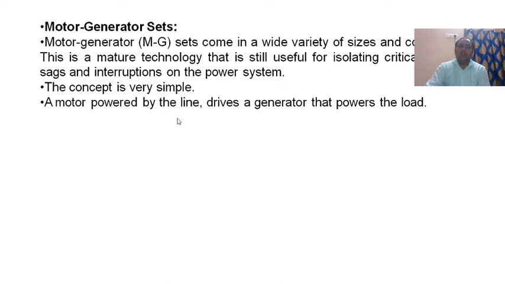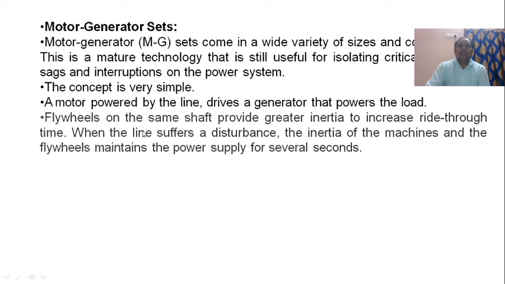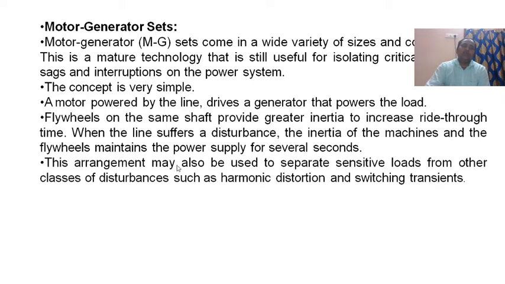Flywheels on the same shaft provide greater inertia to increase ride-through time. When the line suffers a disturbance, the inertia of the machines and the flywheels maintain the power supply for several seconds. This arrangement may also be used to separate sensitive loads from other classes of disturbances such as harmonic distortion and switching transients.